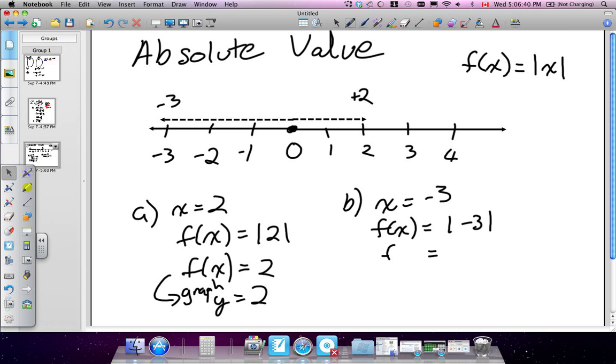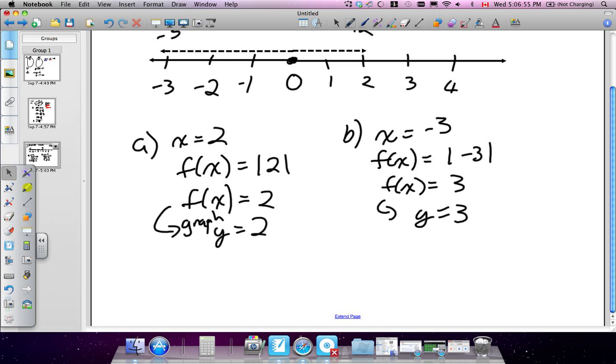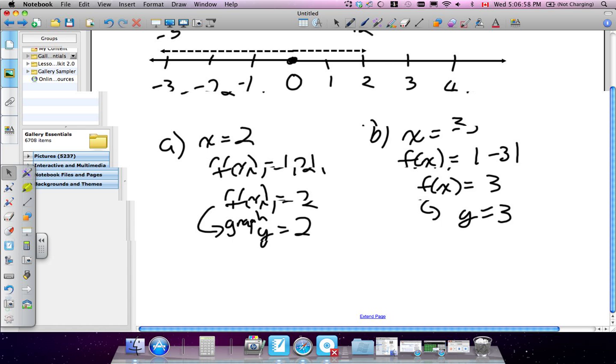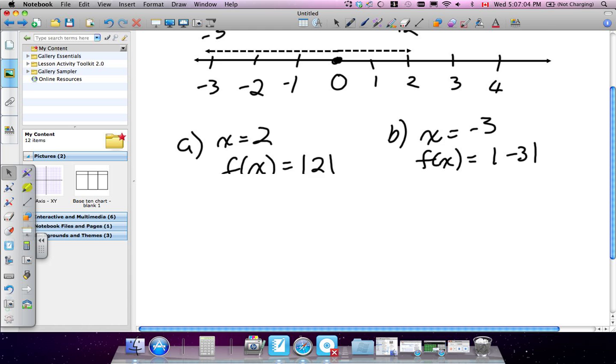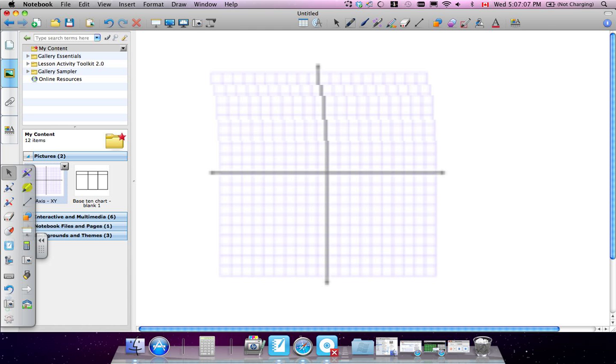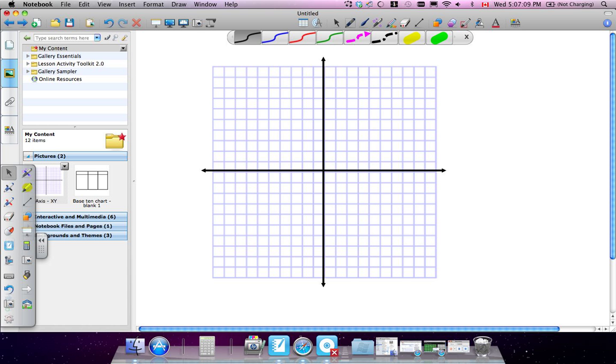Now, the major special thing is when you go to graph this. This graph is different. Let's put it on a new page for you. Say we have 2, 4, 6, 8, 10.